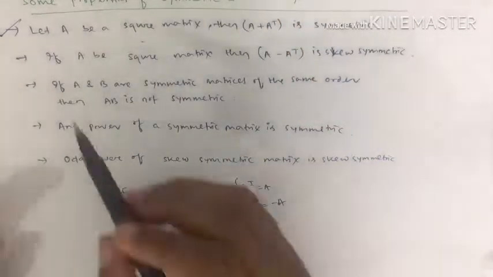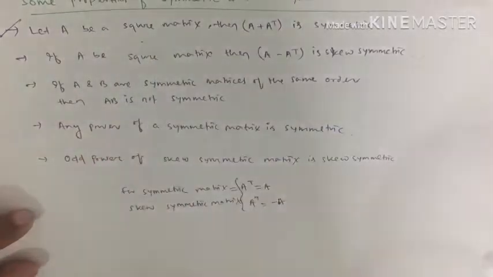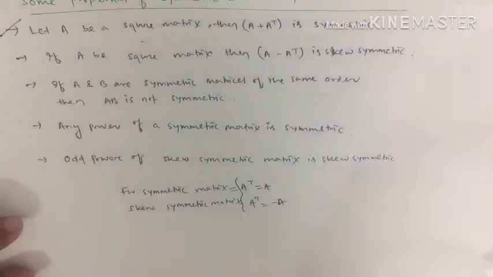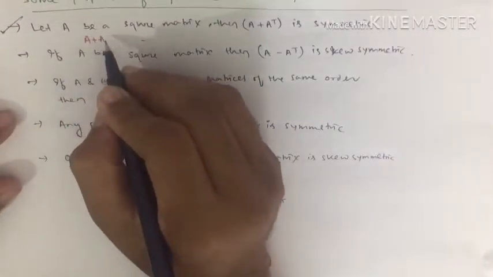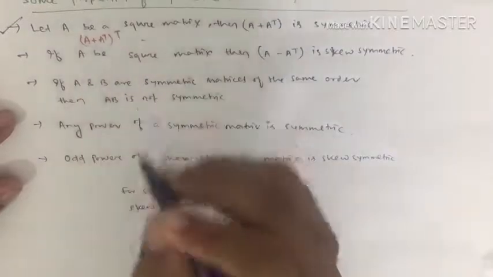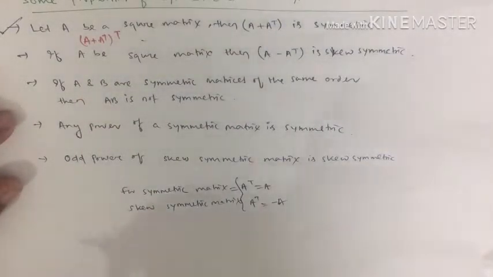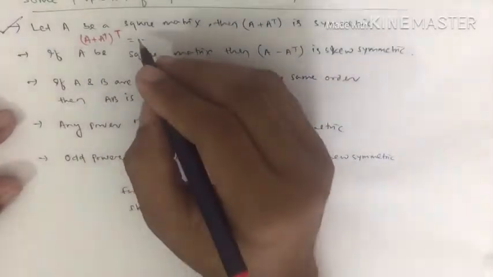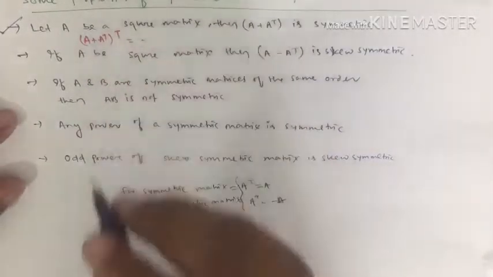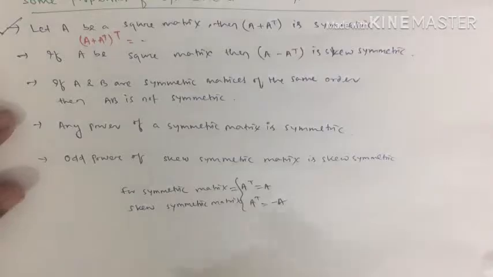Okay, let A be a square matrix, then A plus A transpose is symmetric. So how can you prove it? For the symmetry of A plus A transpose, you just take its transpose. Okay, you have to follow this method always. Take its transpose, so apply the rule you have already seen, the properties of the transpose of a matrix.